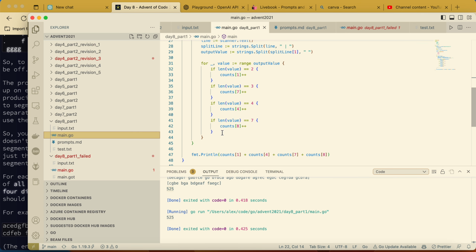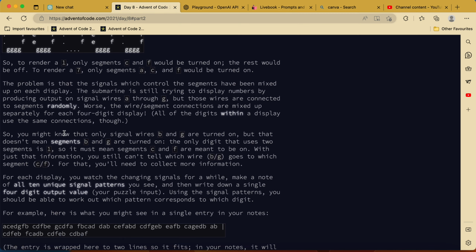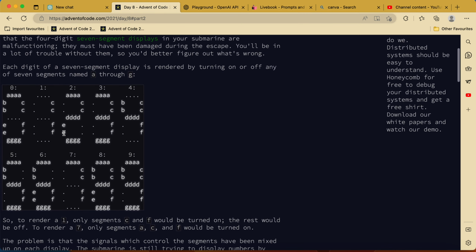The key point was that these numbers are unique, no matter how the letters are swapped. We know that for 8 all of the letters need to be triggered, for 1 only 2, for 4 4, and for 7 3.